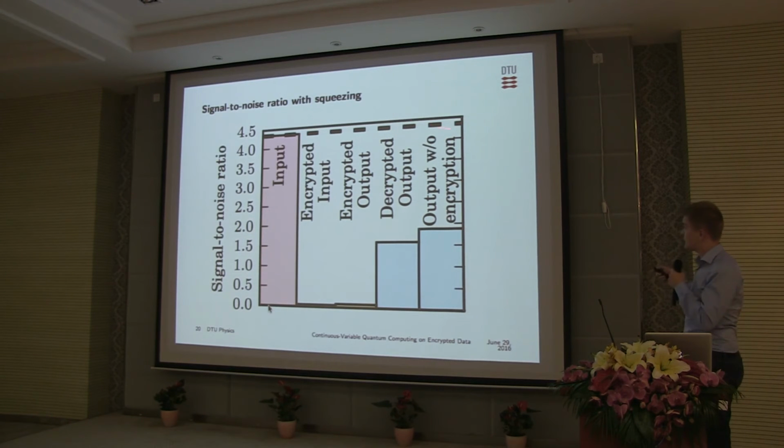So in fact, we wouldn't expect any change of it in the way that we define it now. So the difference from here to here is exactly given by how bad the gate is. And the difference from here to here essentially shows you the cost of the encryption decryption approach.